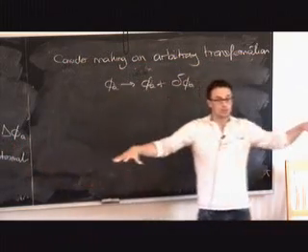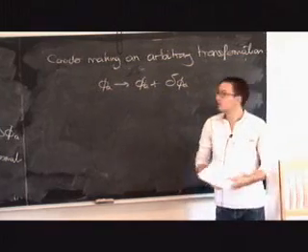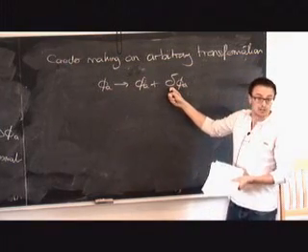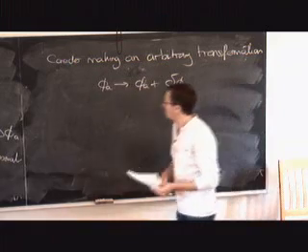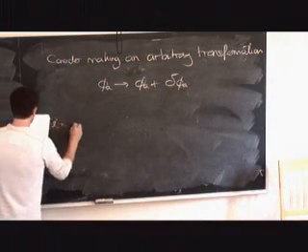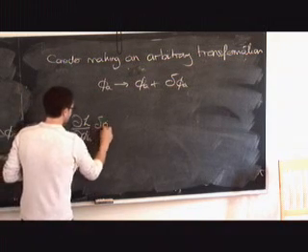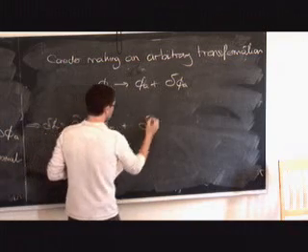This is that you've got some field and you just vary it in any old way that you see fit. Okay, so this is any transformation that you like. Well, how does the action change? We did these calculations yesterday when deriving the Euler-Lagrange equations.